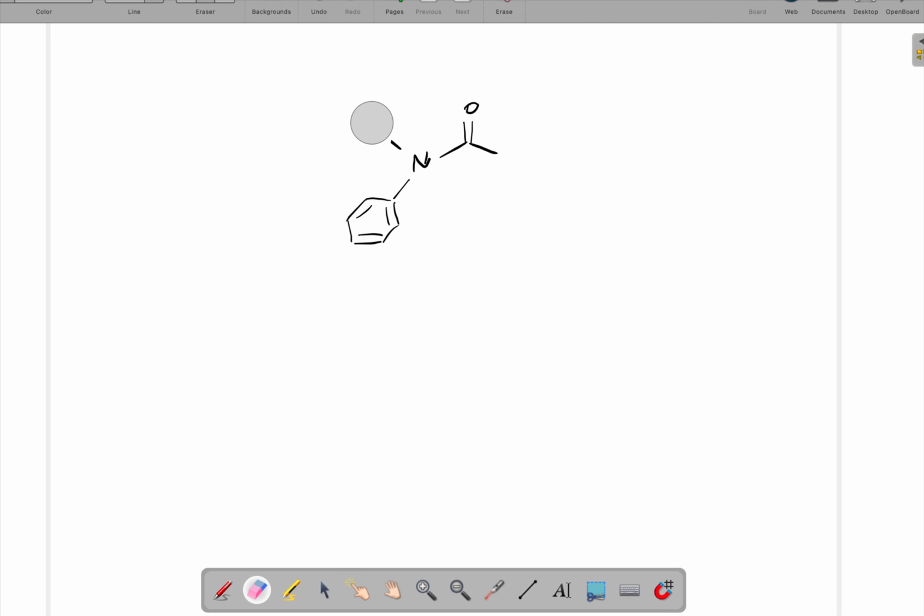The bond angle's a little gross, so let me try and clean that up. That now looks like a double bond. It is not a double bond. That's a double bond. So let's take a look at this structure.